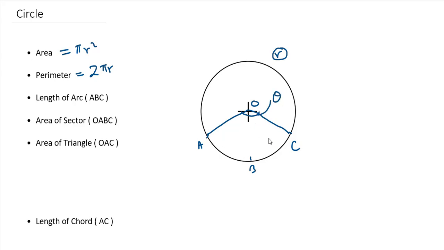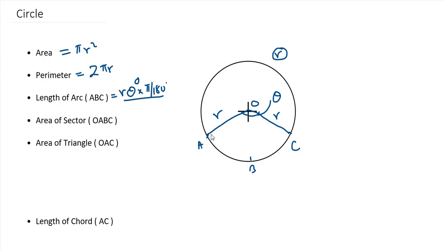So this arc ABC is subtending an angle of theta at the center of the circle. Since AO is the radius, the length of the arc is given by r into theta, where theta you will have to enter in radians. If you are entering theta in degrees, then you will have to multiply it by pi by 180 degrees.